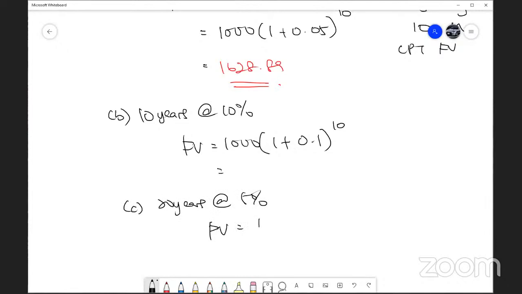FV equals to 1,000, 1 plus 0.05, power of 20. So what do you get? Try to use a calculator. Try to see whether you can get the answers or not.